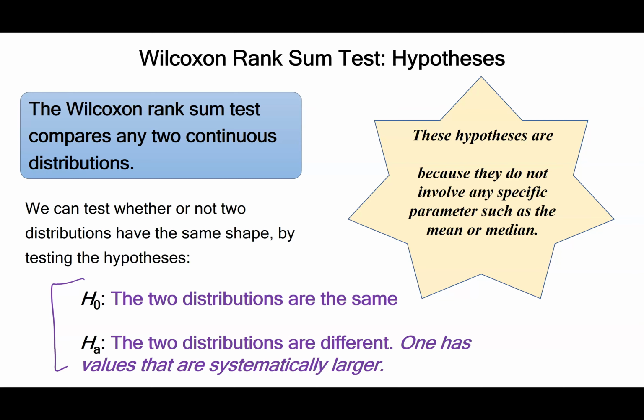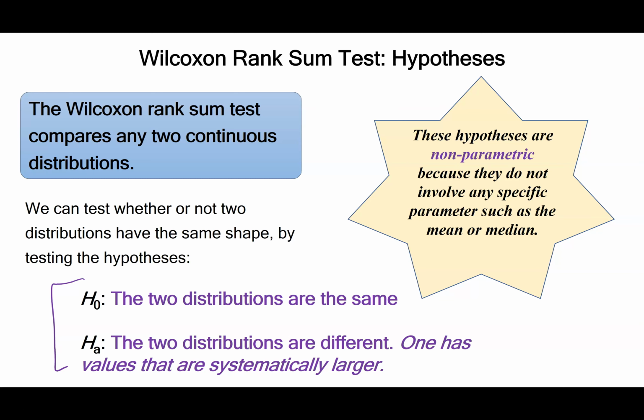And the alternative is saying, no, the distributions are not the same. It could be that one in particular is systematically larger. That would be saying, we think the heights of one of the two universities, U of O or OSU, is systematically taller than the other, something like that.